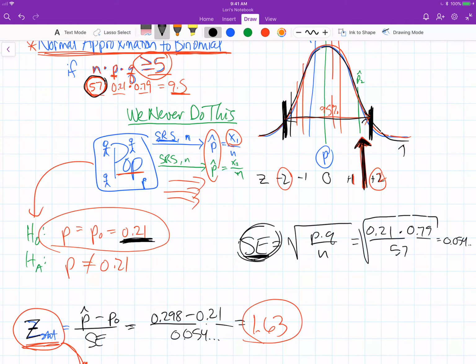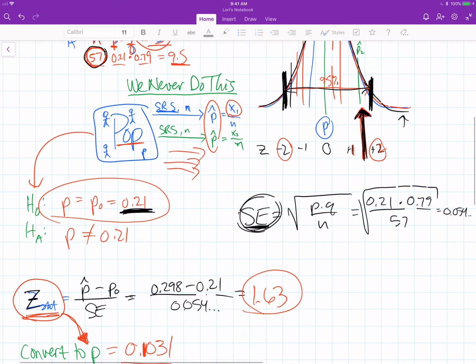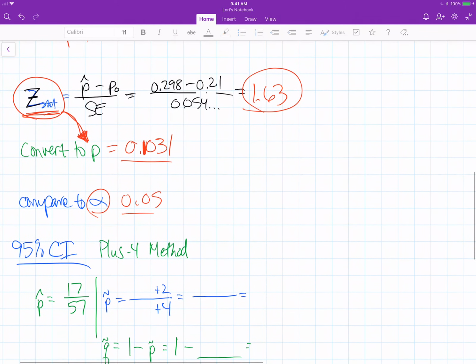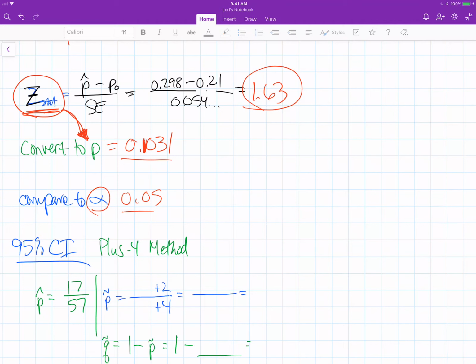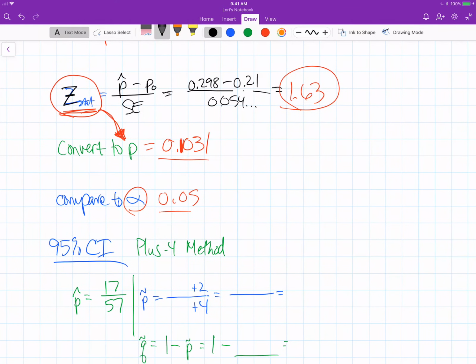It's not out here in the tail. So the z-value and the p-value tell you much the same thing: the z-value is less than about 2, the p-value is greater than 0.05, and you would come to the same conclusion based on both.